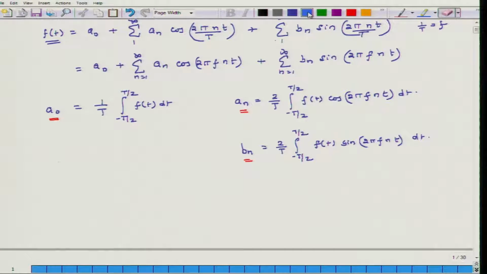So, let us make some observations. These are important observations because they will be useful subsequently. The first observation is that suppose this f(t) does not change, but its periodicity changes.